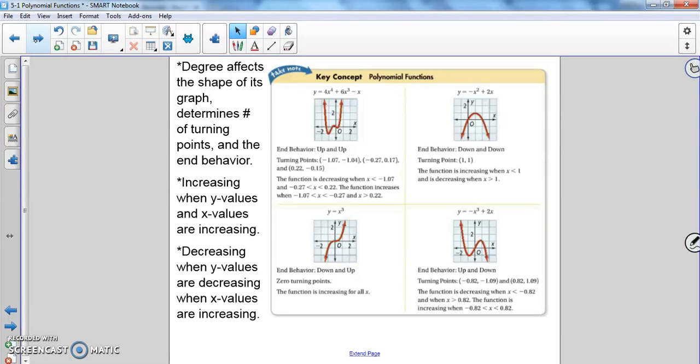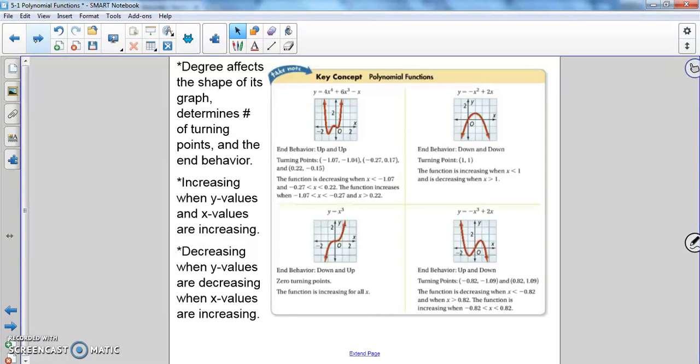This table on our right shows you examples of polynomial functions and the 4 types of end behavior. The table also shows intervals where functions are increasing and decreasing. The function is increasing when the y values increase as the x values increase, and the function is decreasing when the y values decrease as the x values increase.